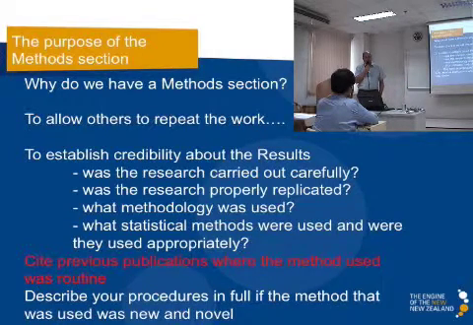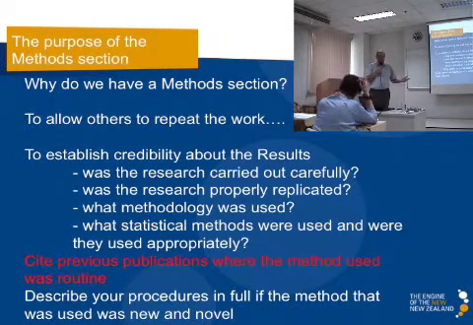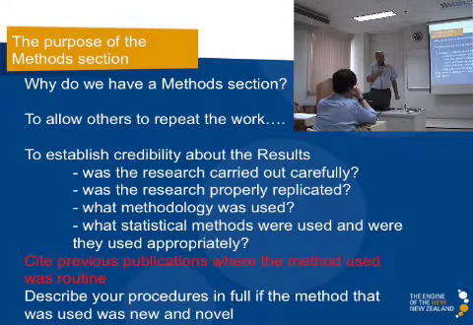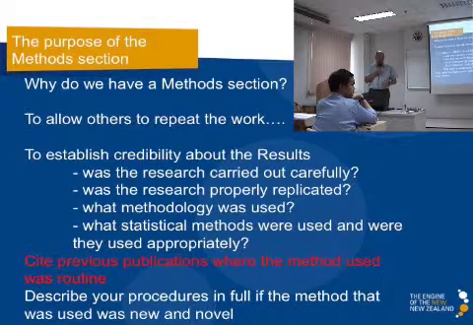Otherwise, I don't know how to trust your results, because I don't know whether you've done something good or something bad. So I need to know how you've modified things. You modified it by using a different form of the chemical, or you modified it by using a different concentration. So in this case, the author should explain, right? Yes, the author should explain exactly how they modified the method.